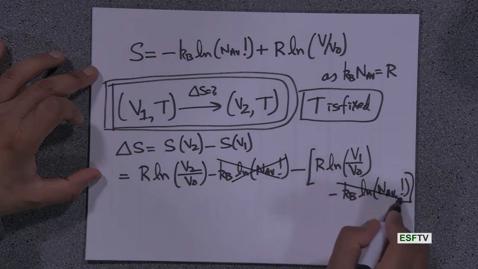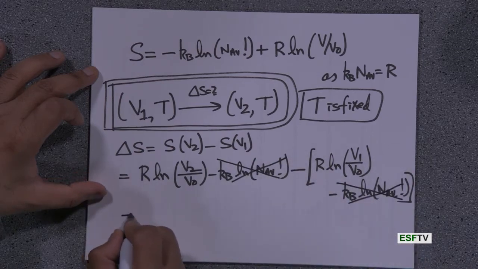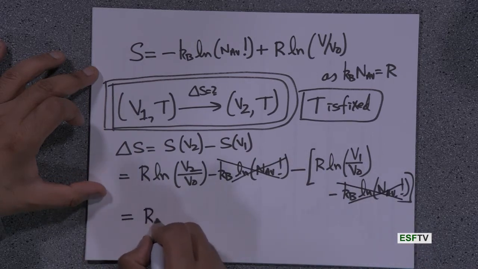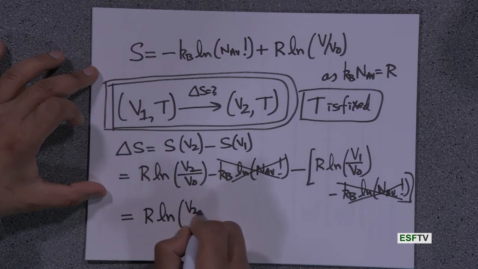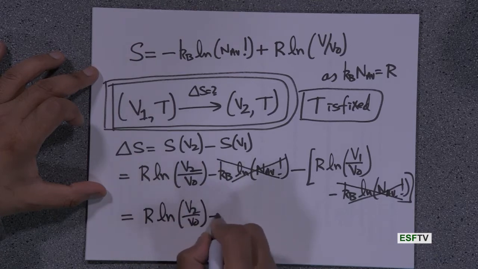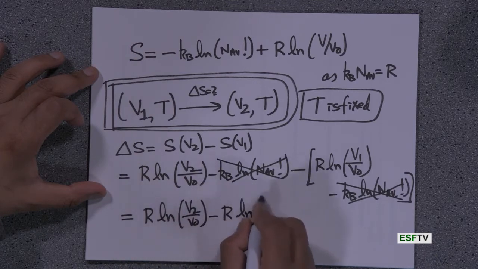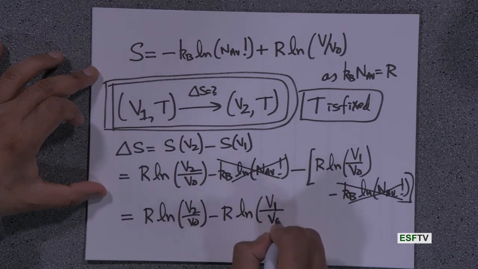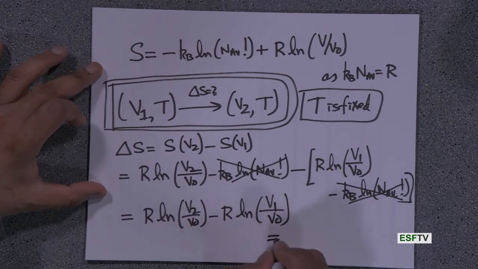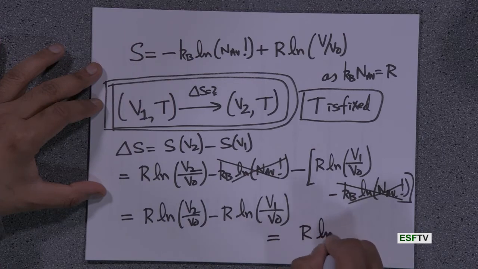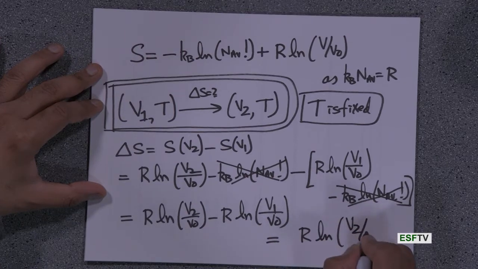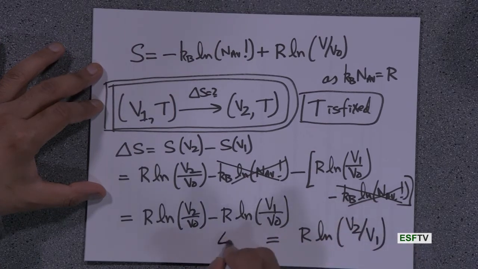Lo and behold, these cancel out, and we get R logarithm V2 over V0 minus R logarithm of V1 over V0, which is R logarithm V final over V initial. That's delta S.